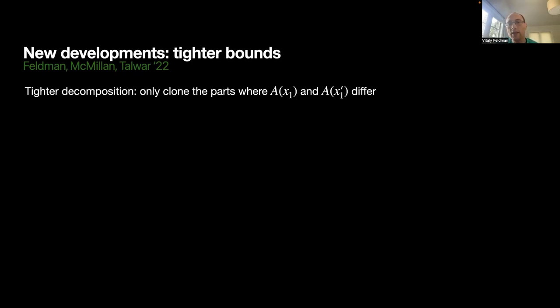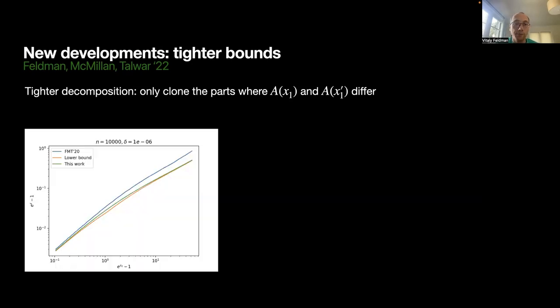The key idea is that here we have been cloning the entire elements, the output of A on X1 and X prime, but we can effectively only clone the part where they behave differently. And that allows one to improve the constants in the analysis. It is again a little more subtle than what I'm saying here, but that's the key difference.